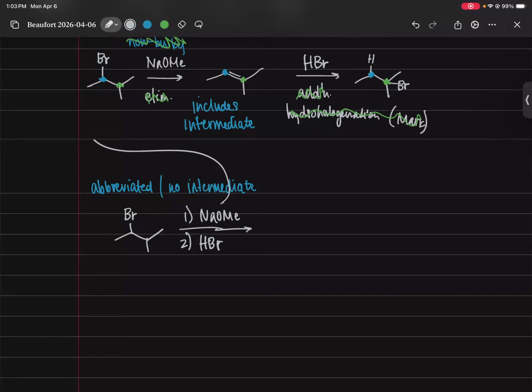Split everything up into individual steps and figure out, okay, what's that intermediate? Do the first step just by itself and then do the second step just by itself. Okay, and that's how you get to the product for something like this.